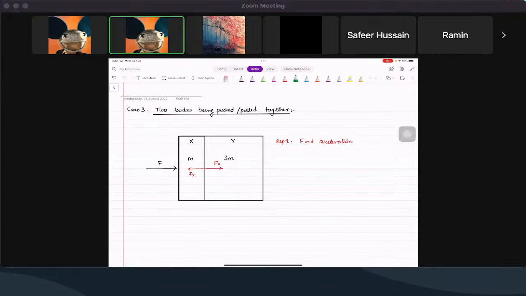So acceleration would be F equals ma. The total force on this is F, m plus 3m times a. So this will be F equals 4ma, and acceleration will be F over 4m. Is it clear, everybody?